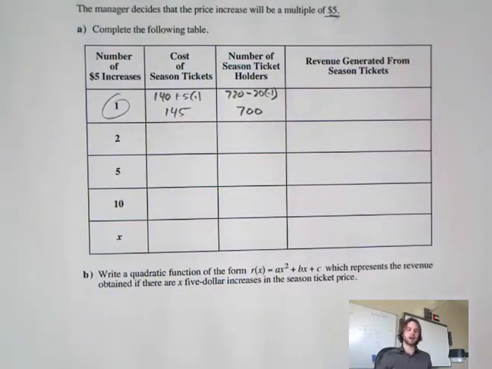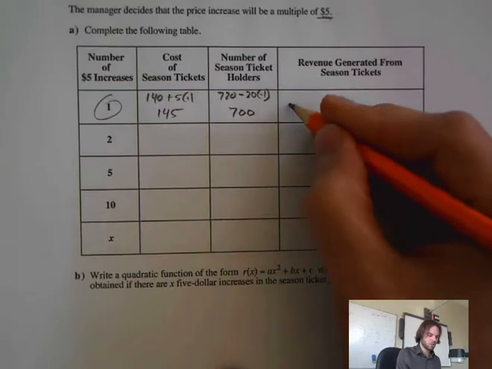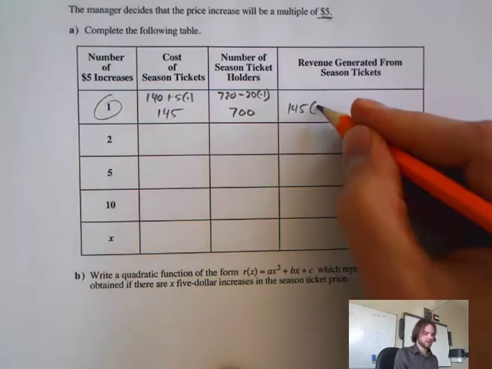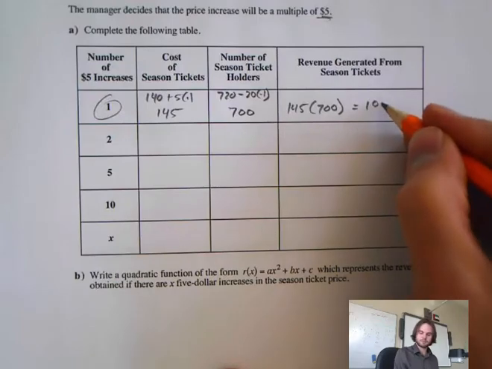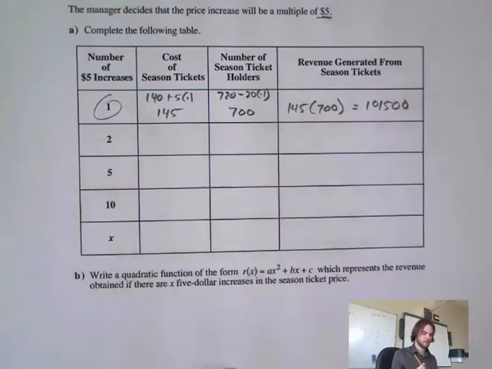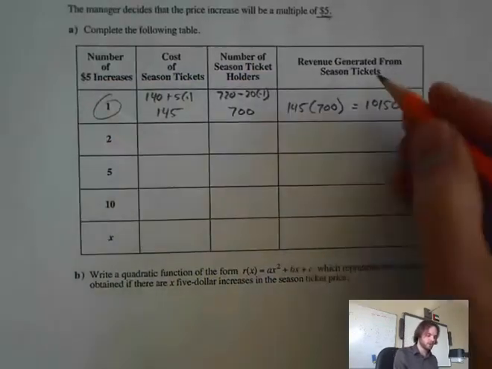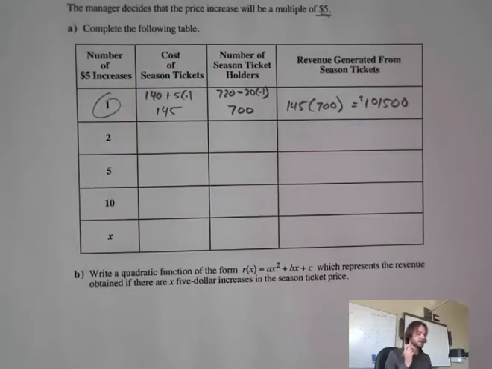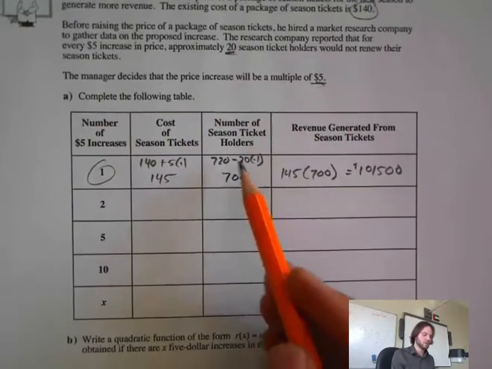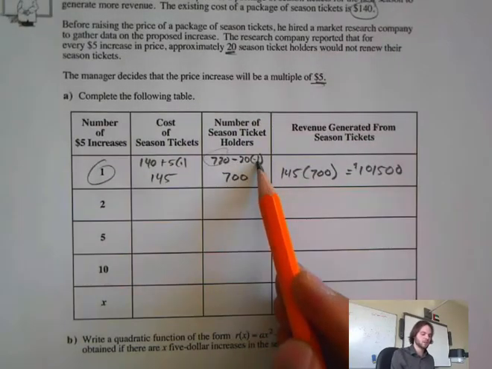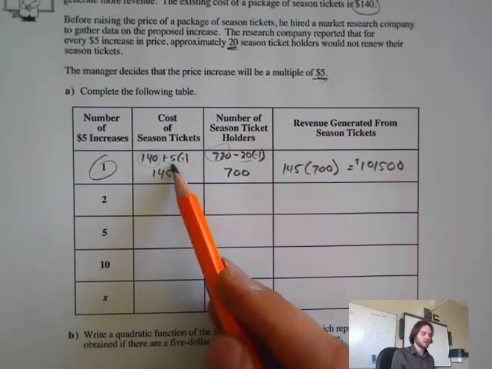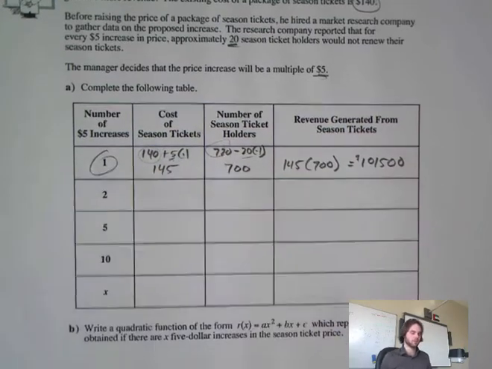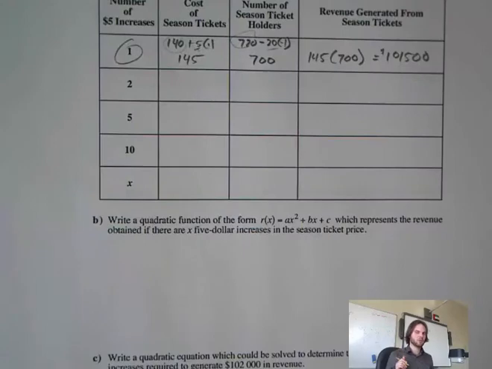Now I multiply those together, 145 multiplied by 700, which gives me $101,500. That's going to be his revenue. So with 720, you increase, you lose 20. With 140, you increase, you gain 5. See how that works?